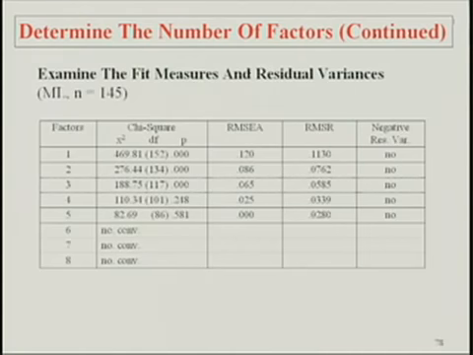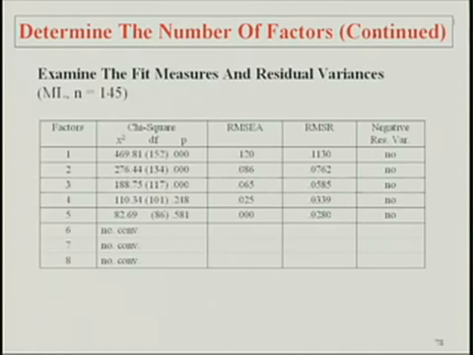But if we try to now look at the fit measures, knowing what we know, we want in chi-square for the p-value, which is the third number here. We have chi-square, degrees of freedom, and p-value. We want the p-value to be greater than 0.05. Well, it isn't for the first 3 factor solutions, but it is for number 4 and 5.